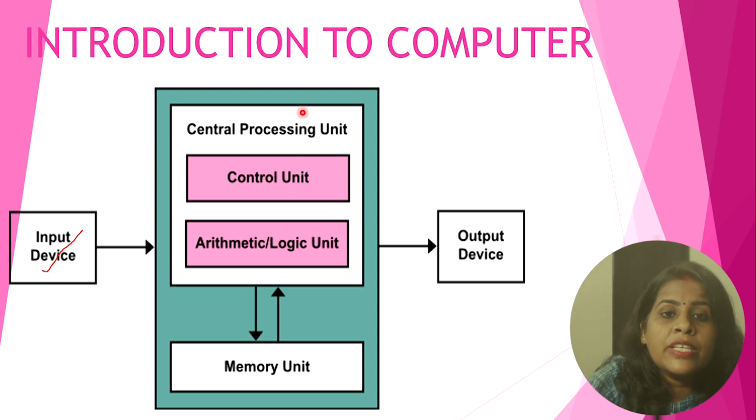Central processing unit or central processing device is the same thing. Here are three parts: control unit, arithmetic and logical unit, and memory unit.